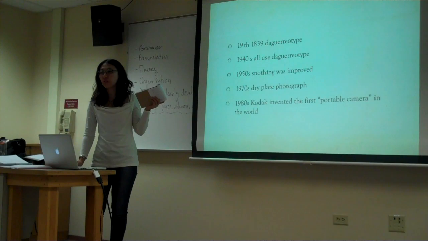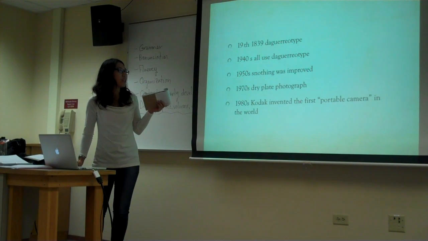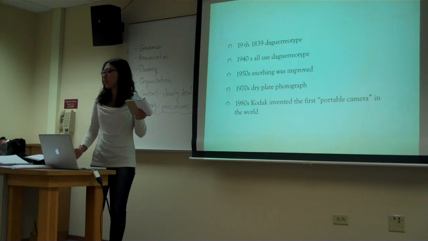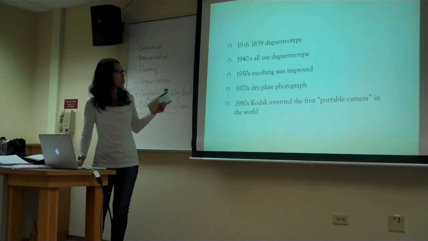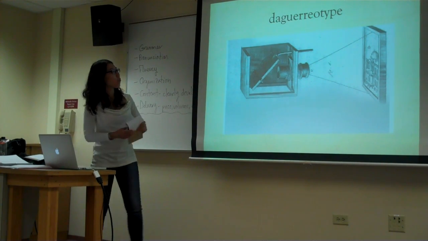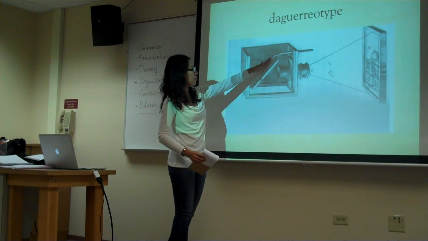If people wanted to take a picture, they needed to wait at least 10 minutes or even 60 minutes. The camera was just one box and a film and a lens.